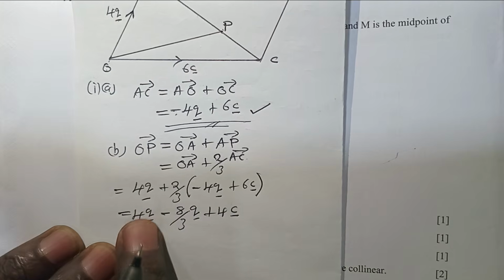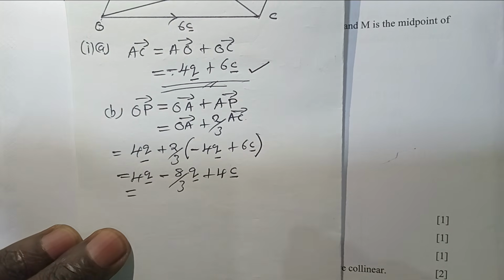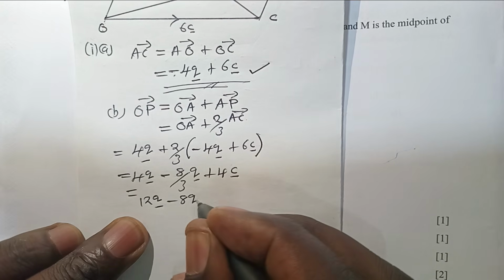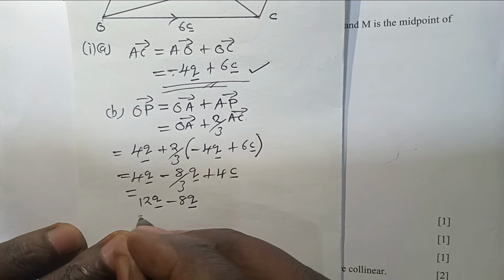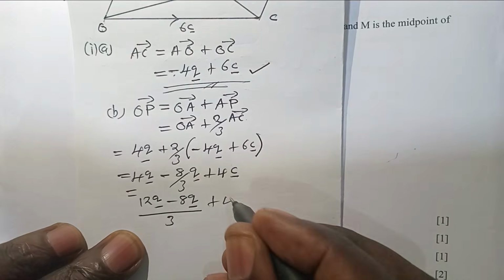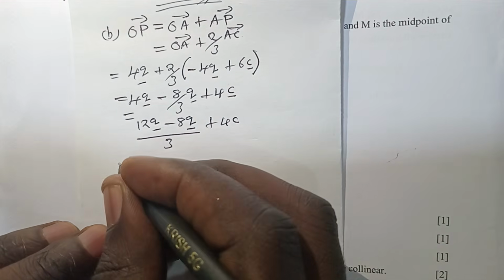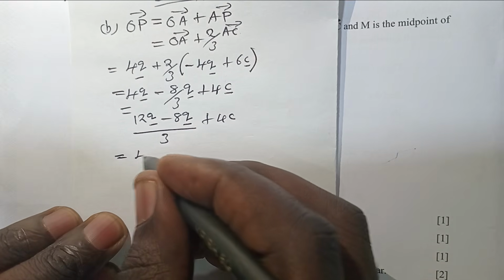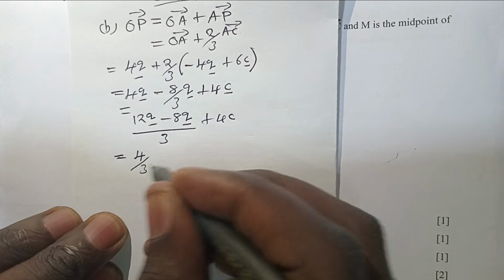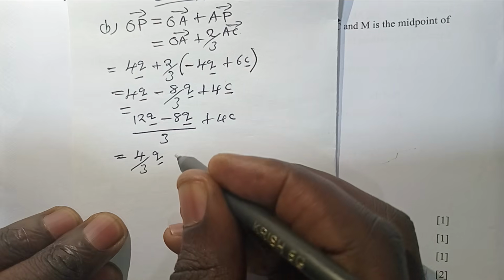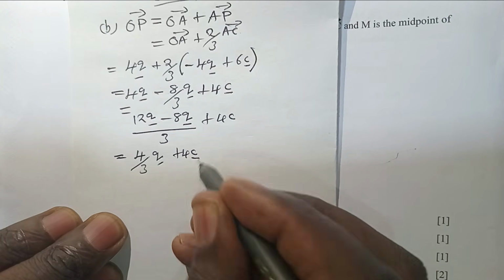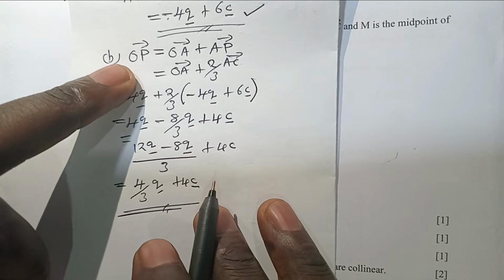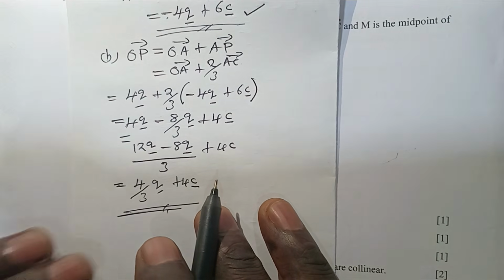Simplifying the like terms here, we have 12q under bar minus 8q under bar over 3 plus 4c, which is going to give us 4/3 q under bar plus 4c. So this is going to be the solution to the second part of the question, talking about the vector OP.